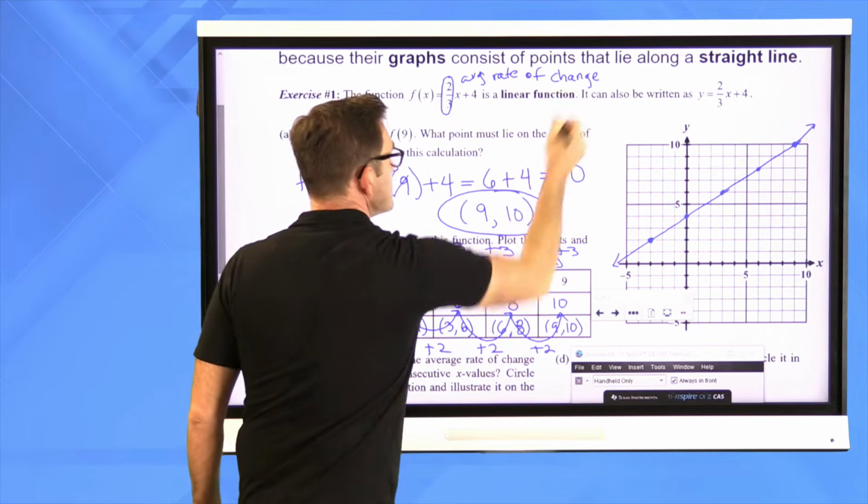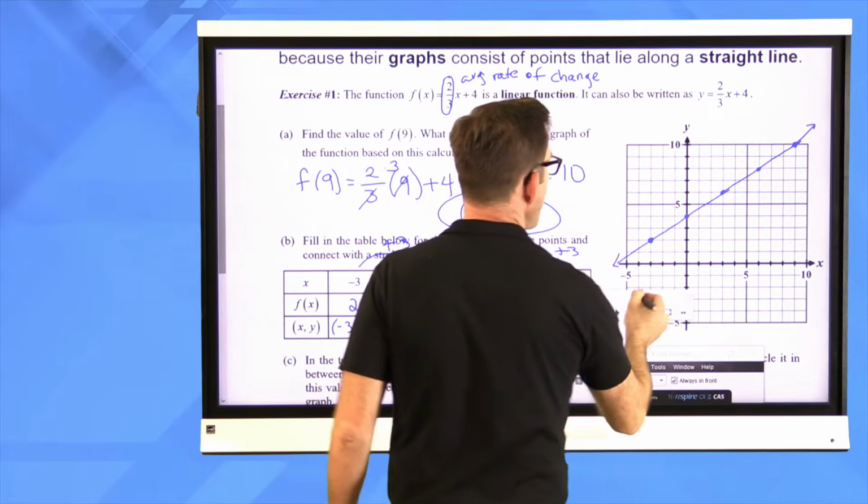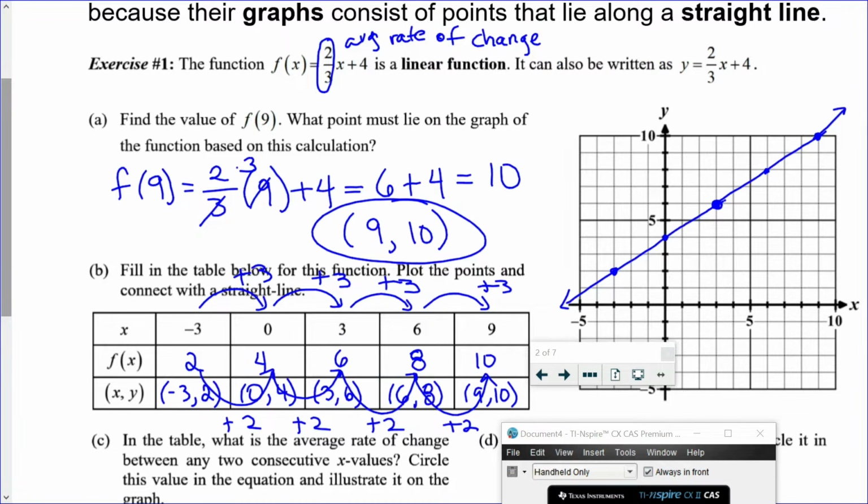And we can see it on the graph because if I grab any two points, for every 3 units I move to the right, I move 2 units up.